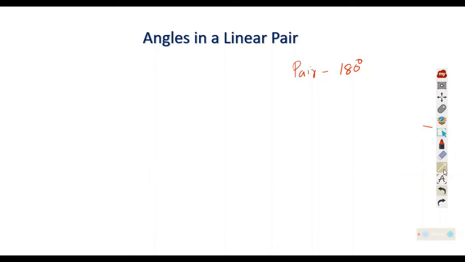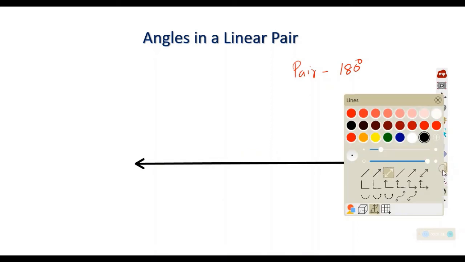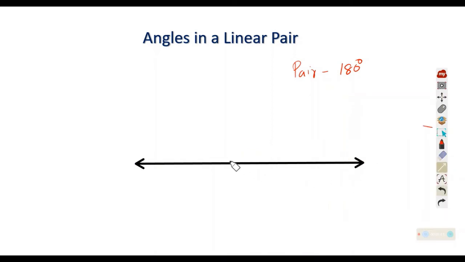It can be in this way. Suppose that there is a line, and a pair of angles can be formed on that simply by drawing an arrow on that, just like our supplementary angles, and it will result in the formation of two angles of which the total will be equal to 180 degree. We call them angles in a linear pair. Understood? So that is another thing you studied in the last class.